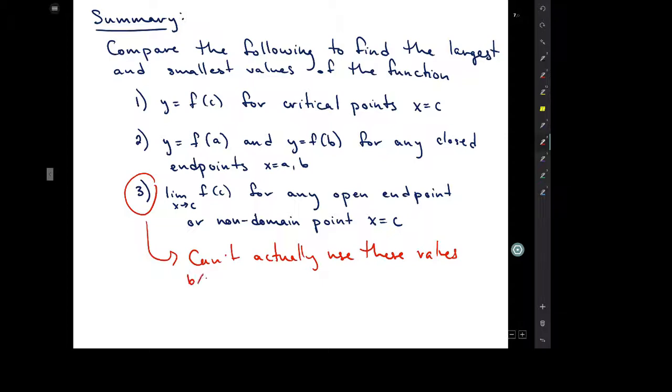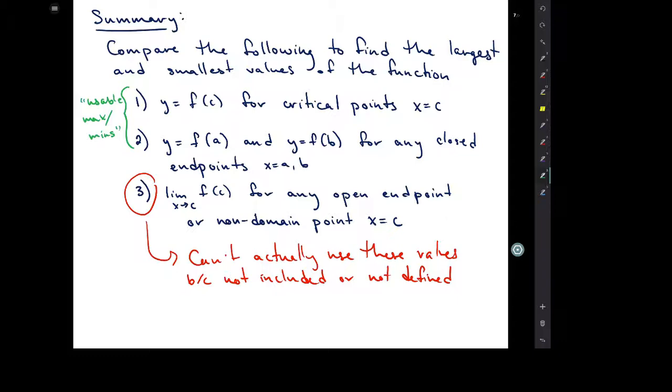So again, like I said about 1 and 2, these will actually give us usable maxes and mins. And part 3, we can't actually use those values because they're not included or they're not defined.